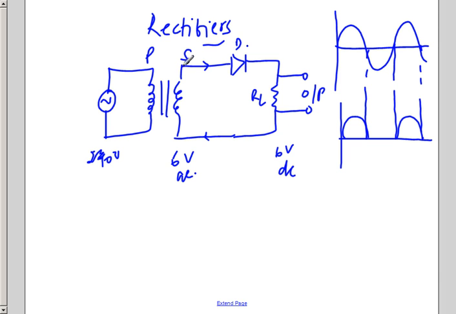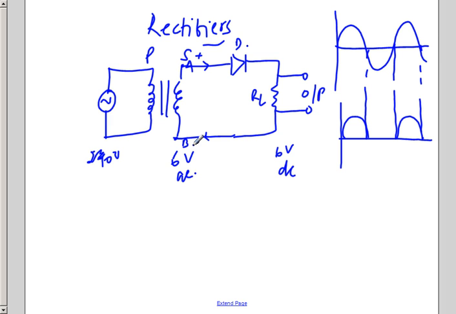Suppose I say these are two points, called point A and point B. For the first positive half cycle, point A becomes positive and point B becomes negative. The positive of the voltage is connected to the P type and the negative is connected to the N type.